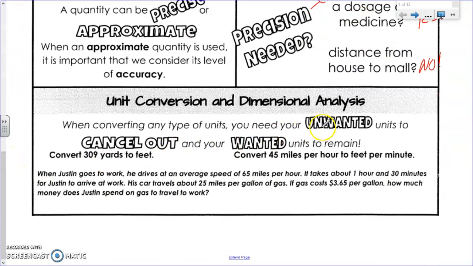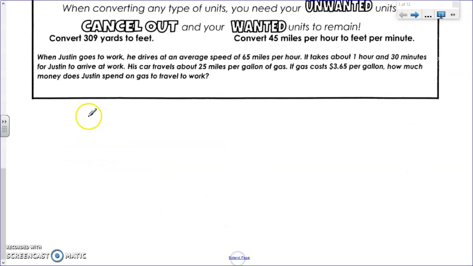Okay, unit conversion and dimensional analysis. When converting any types of units, you want unwanted units to cancel out and wanted units to remain. So if we're converting 309 yards to feet, I'm going to extend the page. So we have 309 yards.